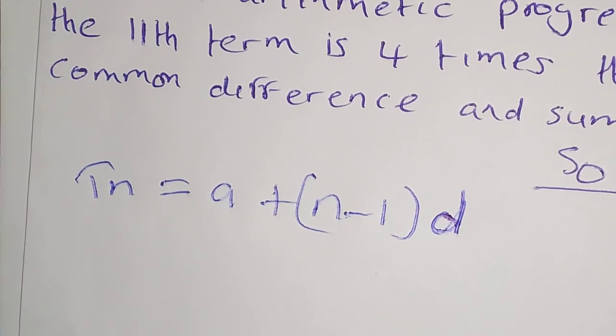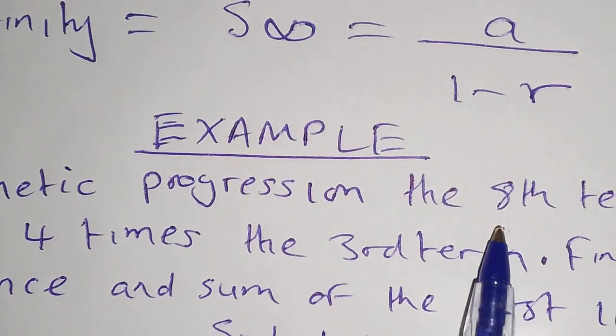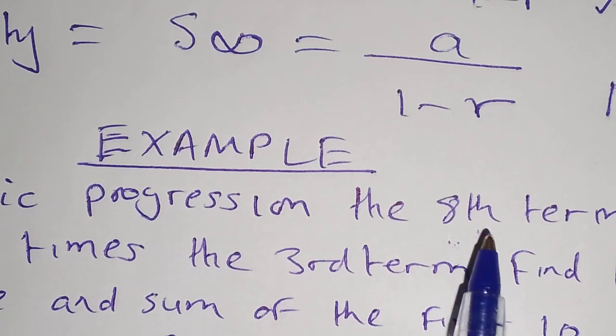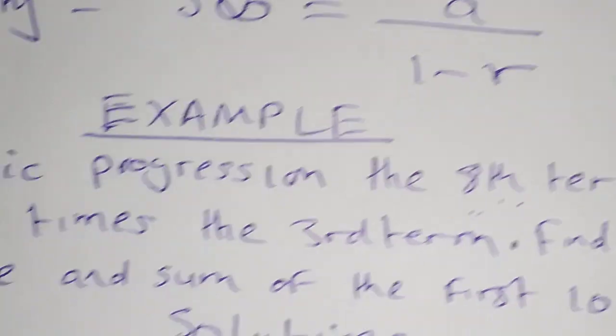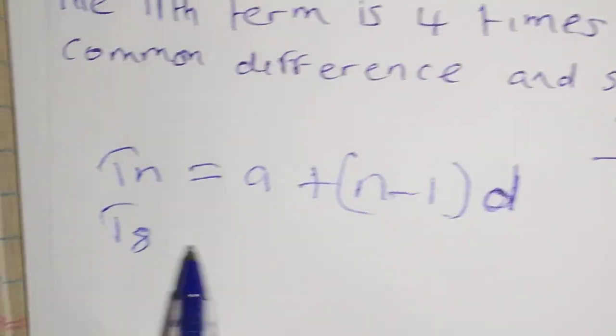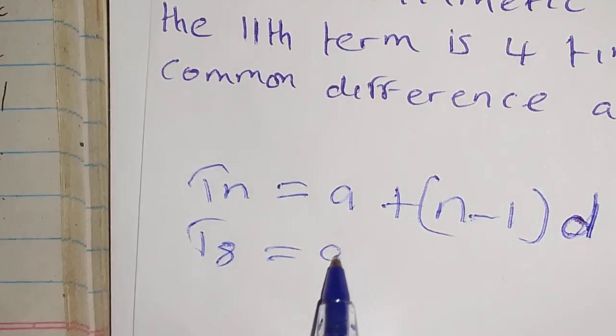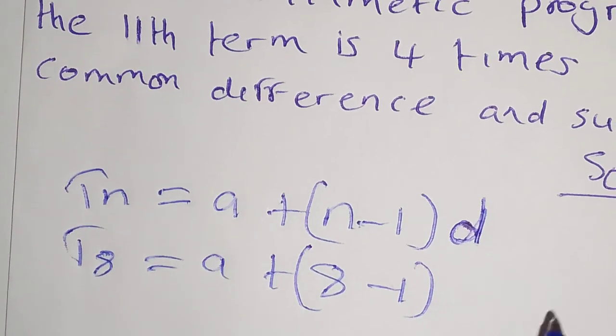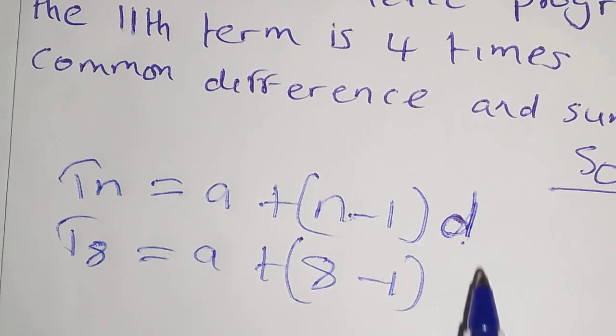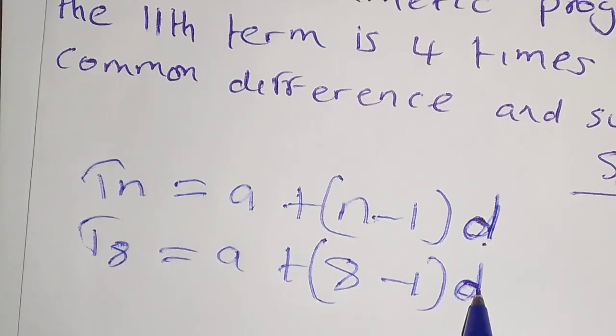We have been given the 8th term, so where there is n, we replace it with 8. So we have T8 is equal to a plus (8 minus 1), then d, the common difference.